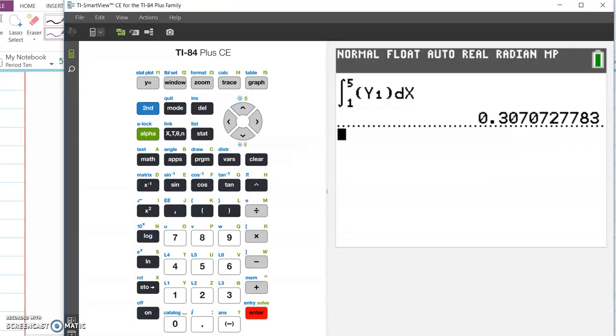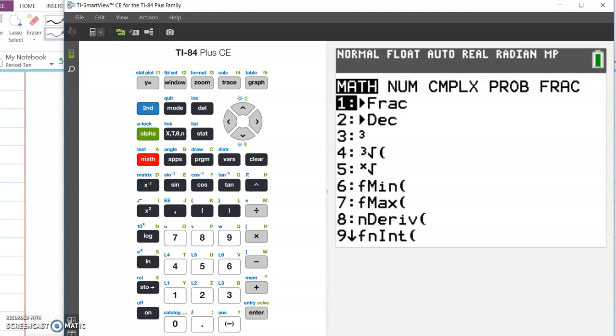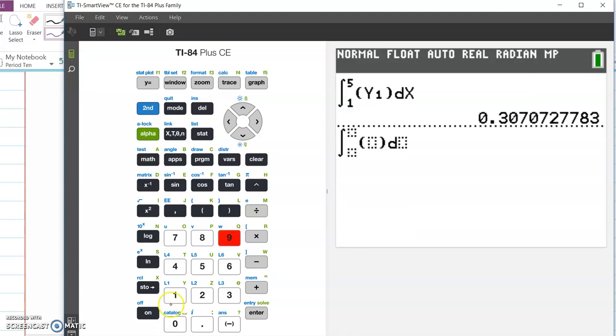And then we'll do this similar calculation. So math, function integration from 1 to 5. And you want to do absolute values first.